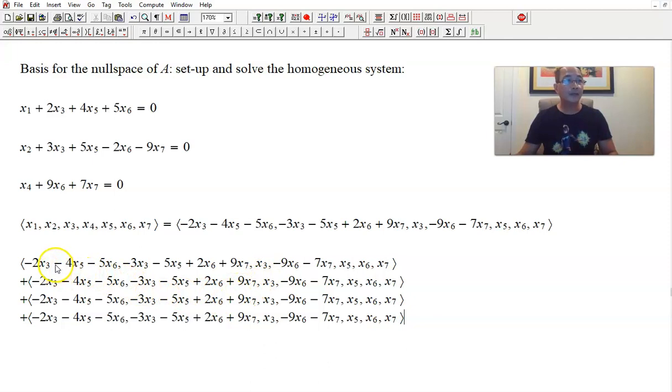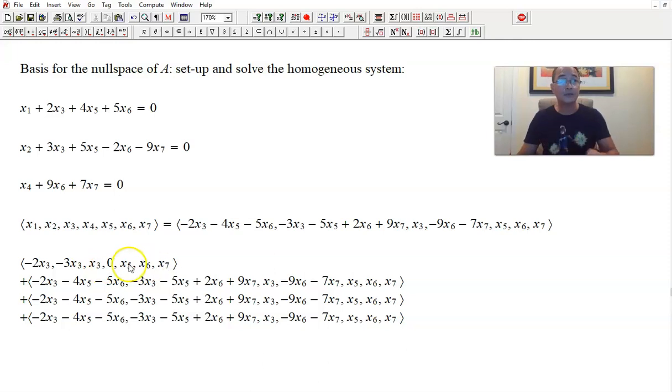For the first vector, let's erase everything except the x3s. So there's a minus 2x3, erase this, there's an x3 there, erase this. Oh, nothing left, so that means there's a 0 there. That's not x3, make that 0, make that 0, make that 0. So erase everything which is not x3. Next, we will need x5.